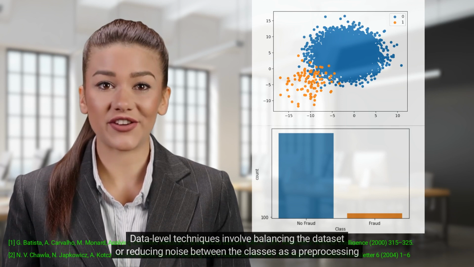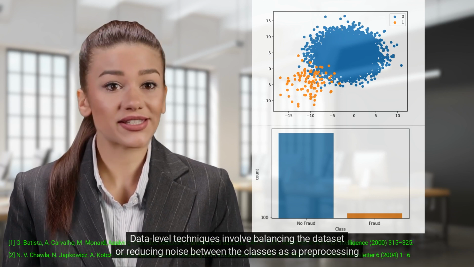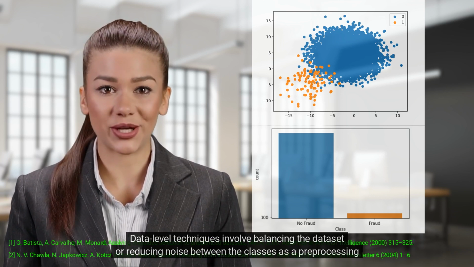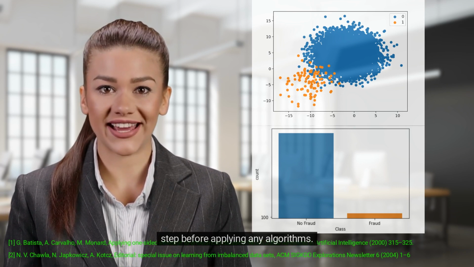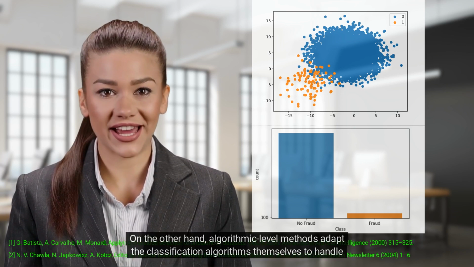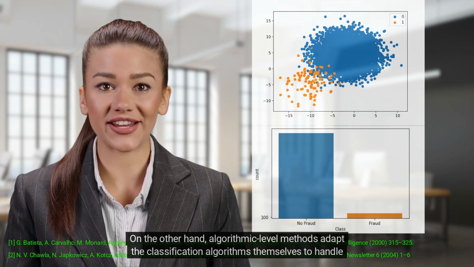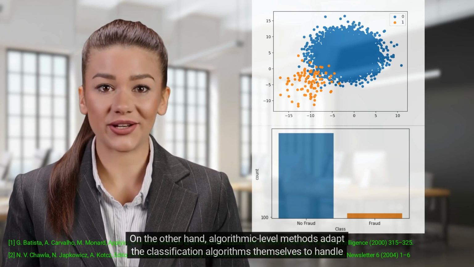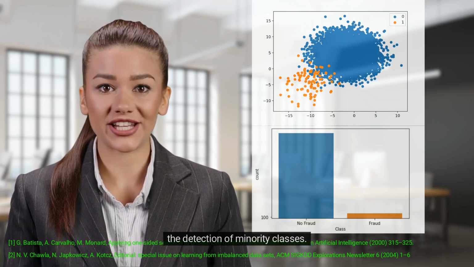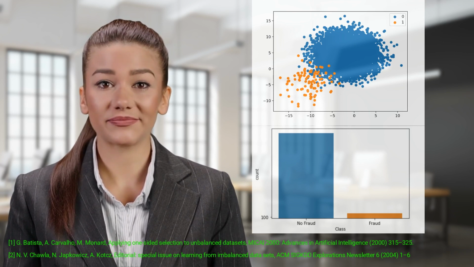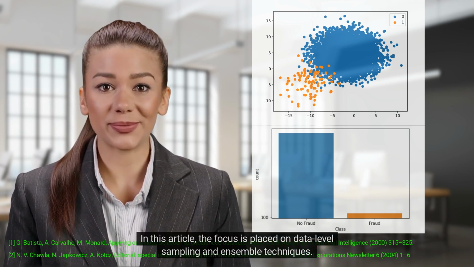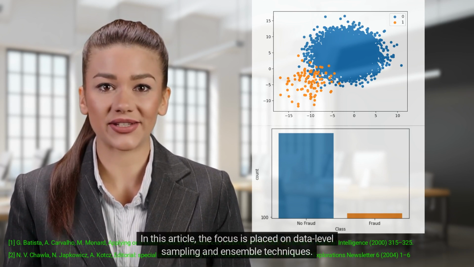Data-level techniques involve balancing the dataset or reducing noise between the classes as a pre-processing step before applying any algorithms. On the other hand, algorithmic-level methods adapt the classification algorithms themselves to handle the detection of minority classes. In this article, the focus is placed on data-level sampling and ensemble techniques.